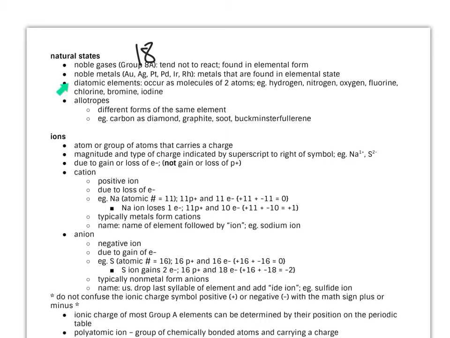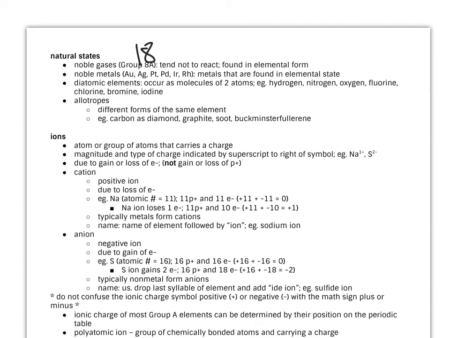And then let's talk about the diatomic elements. So di means two, and atomic, so it basically means there are two atoms or two elements that are bound together in nature. And one we talked about a lot previously, oxygen.